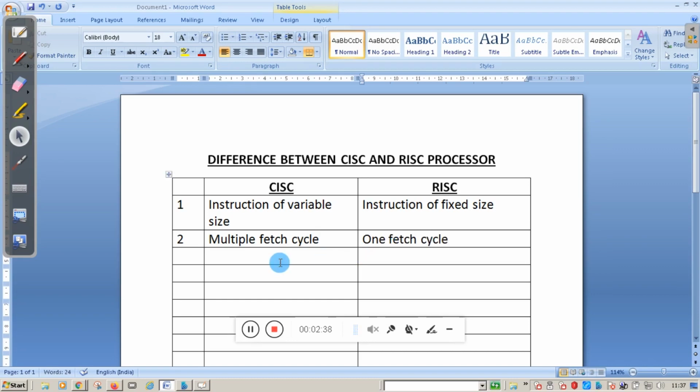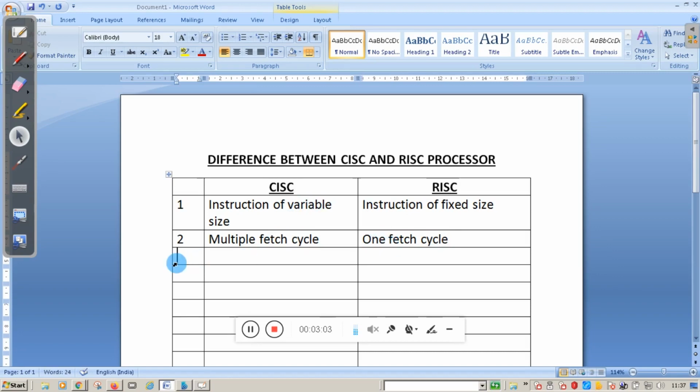As I explained earlier, CISC instructions are variable in size, so this leads to multiple fetch cycles. Depending on the size of the instructions, the fetch cycle time also varies. But in ARM all instructions are 32-bit, which guarantees that all instructions can be fetched in one cycle. So that is the difference between multiple fetch cycle and one fetch cycle.